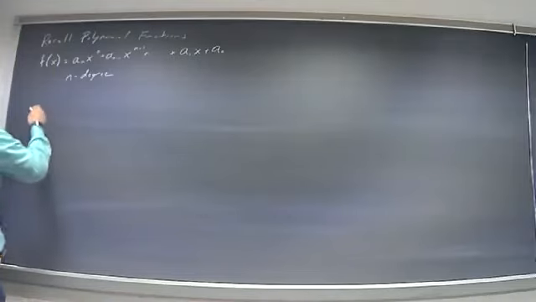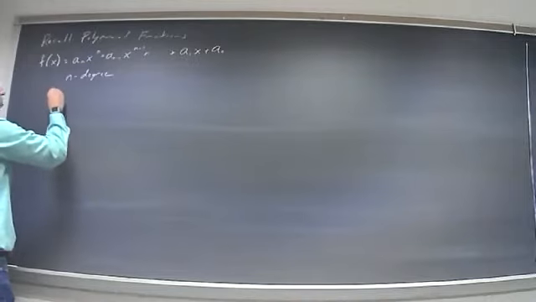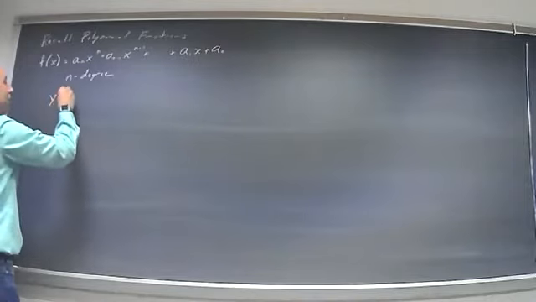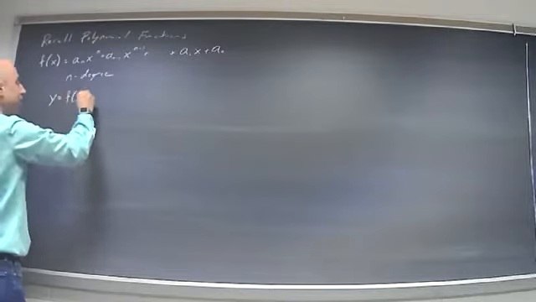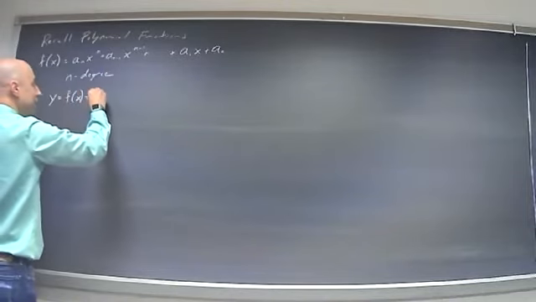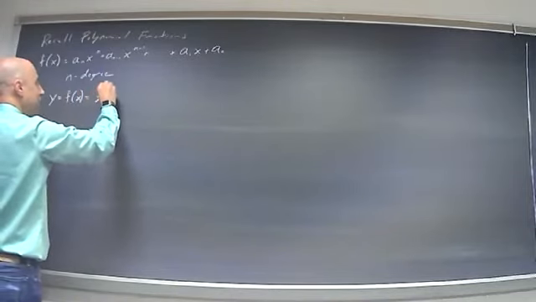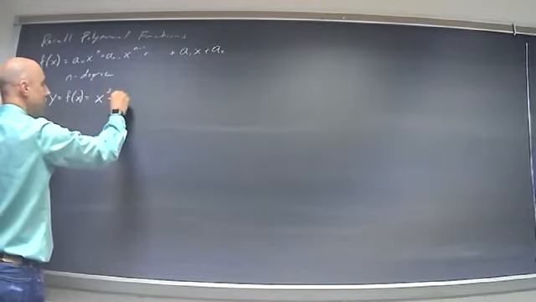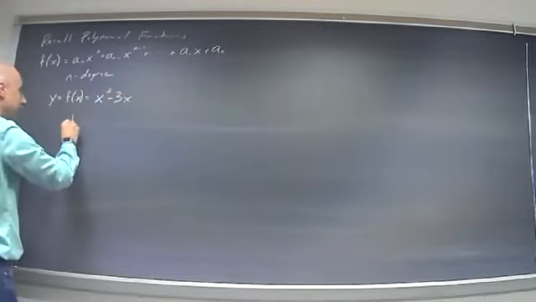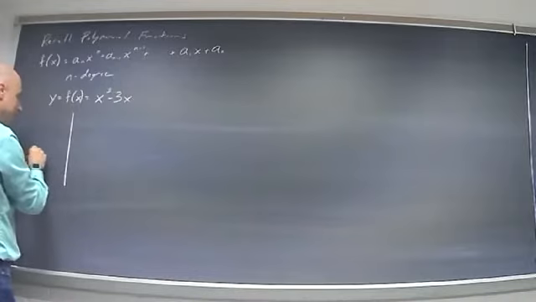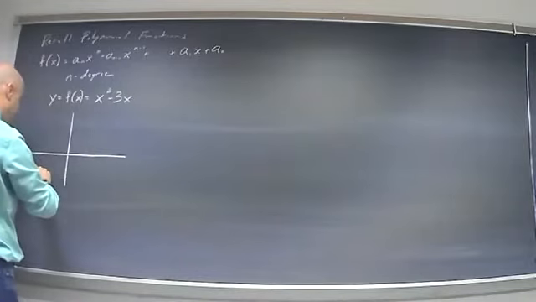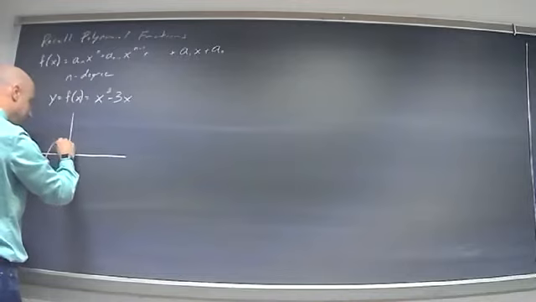We saw that if we had y equals, let's say, x cubed minus 3x, the graph of this function looked a lot like this.